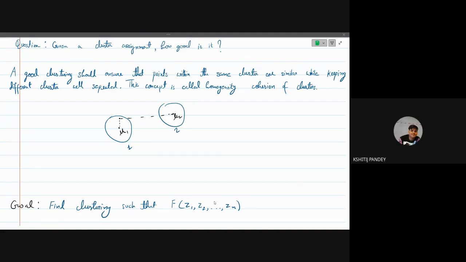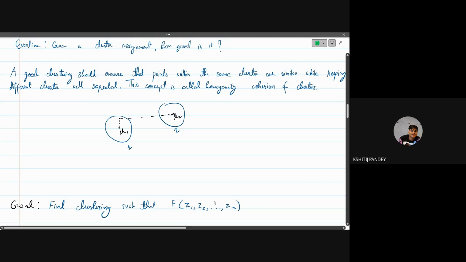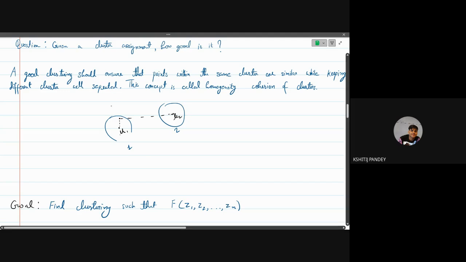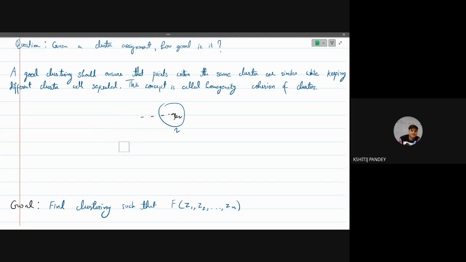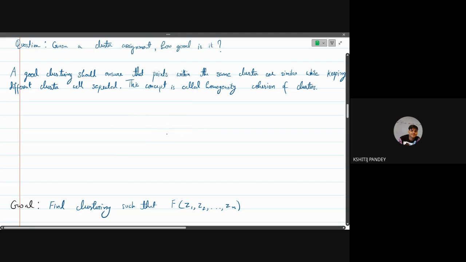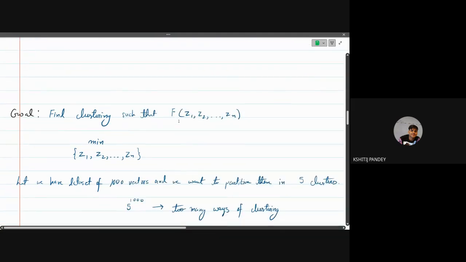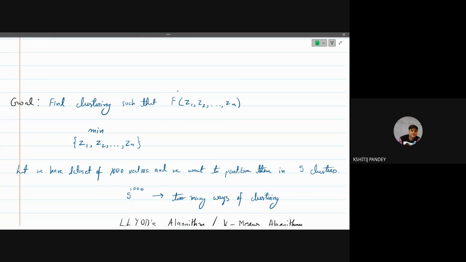Okay, let's quantify this. How can we quantify this? It's not very complex. We have to come up with an objective function. So what is a good objective function?